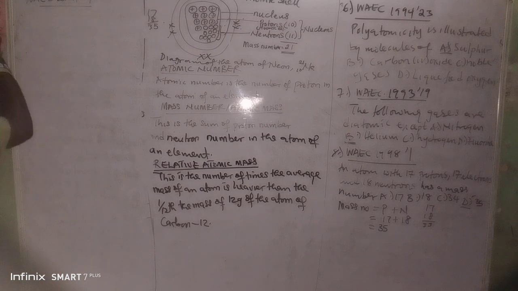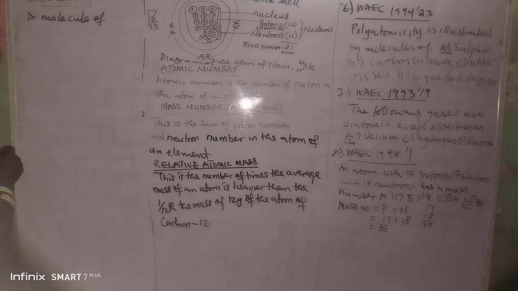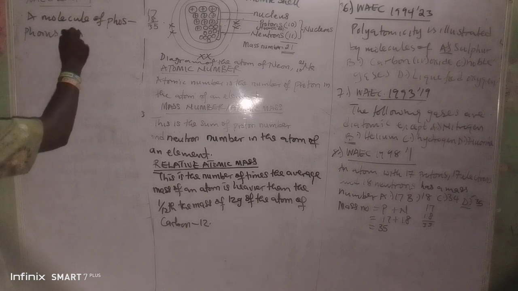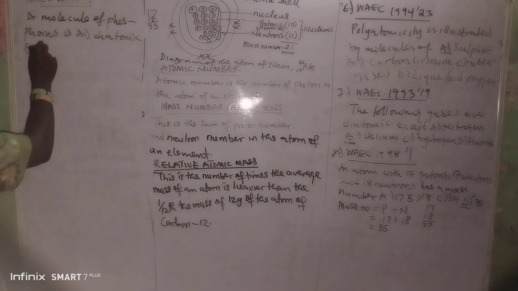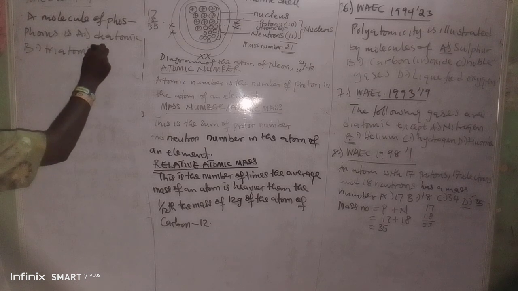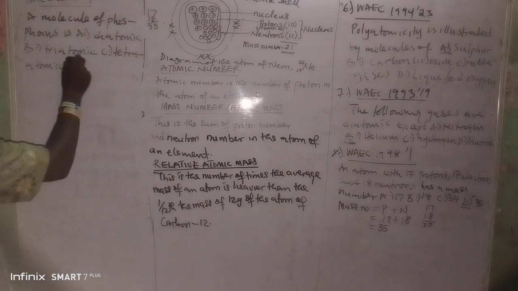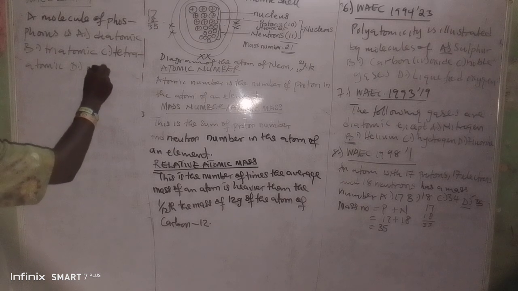They say a molecule of phosphorus is: A, diatomic; B, triatomic; C, tetratomic; D, monoatomic.